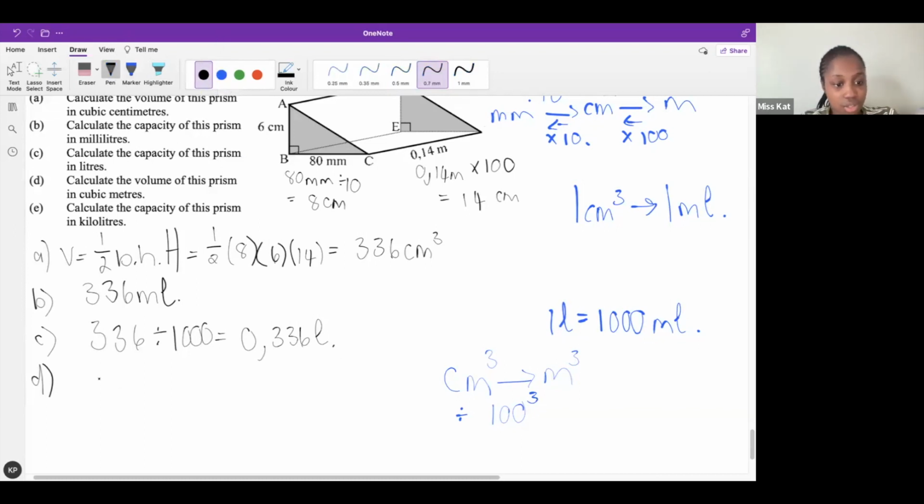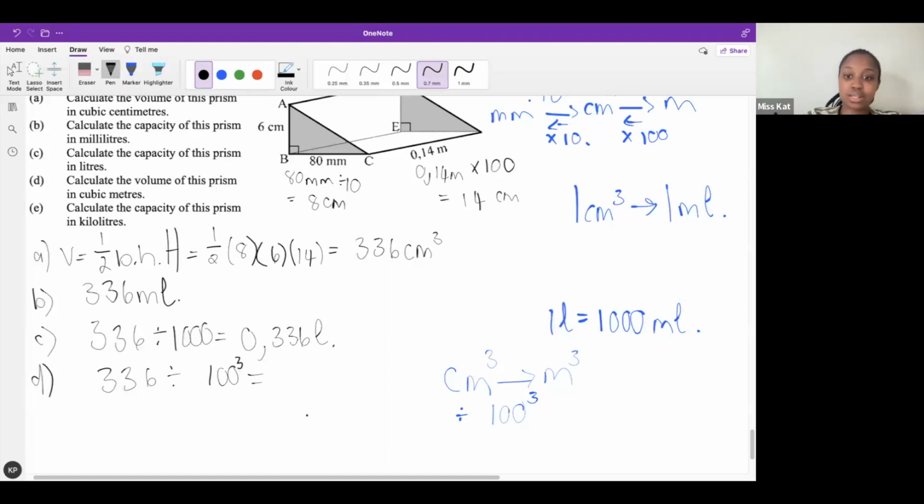So then it is 336 divided by 100 cubed. You forgot to cube, Nikita. How much is that? It's basically 1 million.